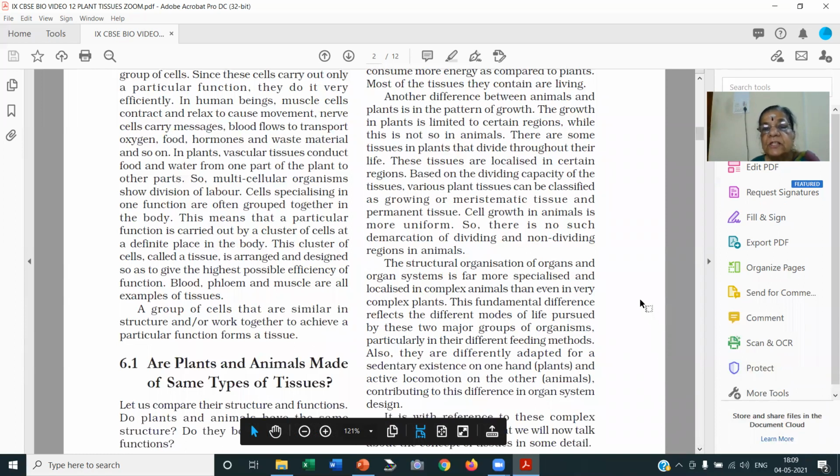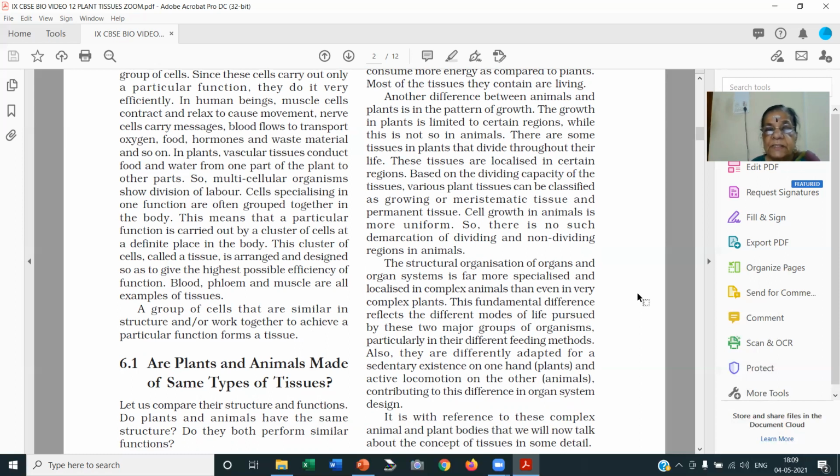Then the structural organization of organs and organ systems is far more specialized and localized in animals than in plants. This fundamental difference reflects the different modes of life of plant and animal groups.